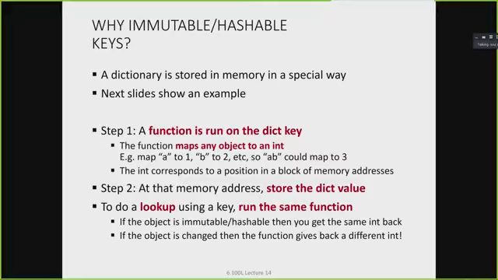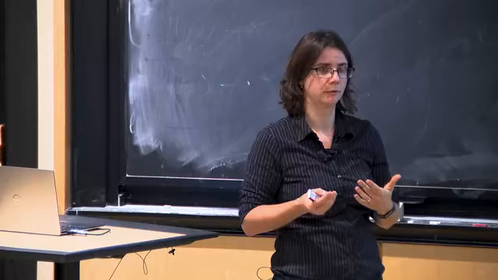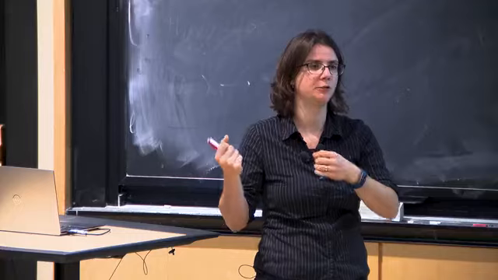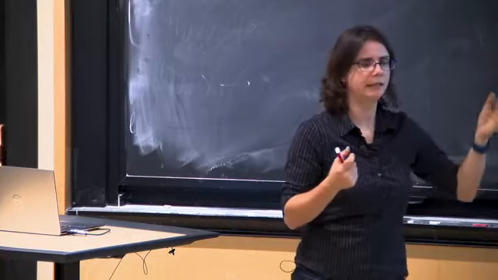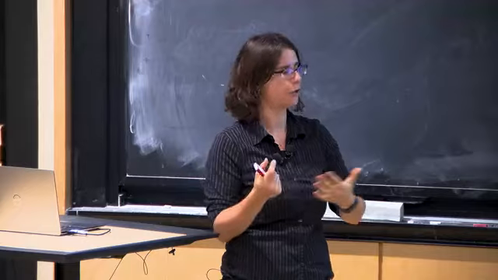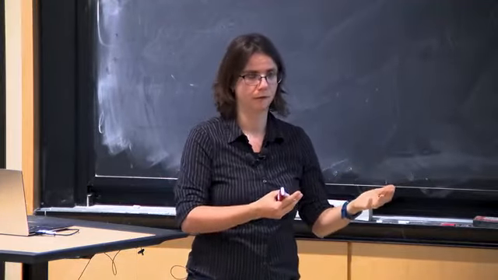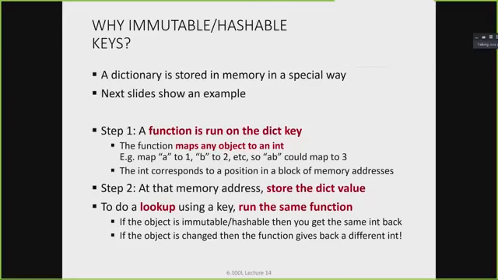So the way dictionaries are stored in Python is you first need a key, right, to associate with a value. So everything starts off with the key you'd like to add to your dictionary. So Python basically runs a function called a hash function on the key. For simplicity's sake, let's say the key you're trying to store is a number. That hash function might return that same number. It might return something else.